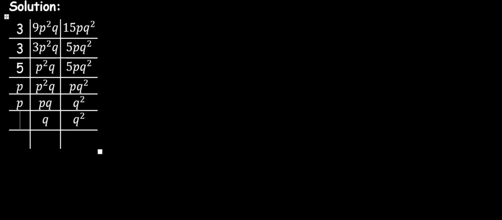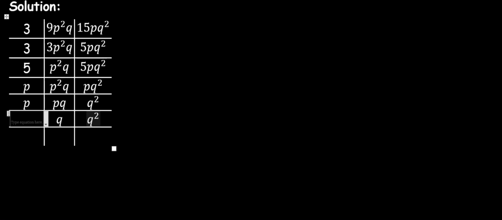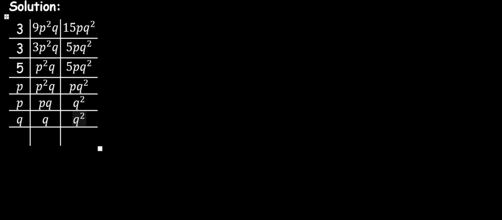We can conveniently move to q. q divide q will give you 1. In the second value, q divide q² will give you q raised to power 1, but we are not showing the power of 1 there, so we'll just leave it as q. Next, we can still take q. q divide 1, you bring down the 1. q divide q will now give you 1.